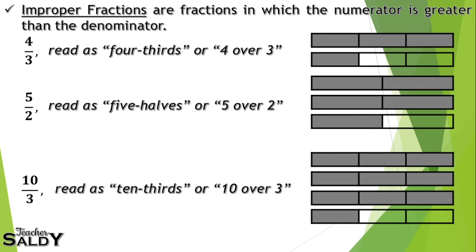So we have 4 wholes divided into 3 and 10 equal parts are taken. So that is why later on 4 over 3 is also equivalent to 1 and 1/3. 5 over 2 is also equivalent to 2 and 1/2. And 10 over 3 is equivalent to 3 and 1/3.